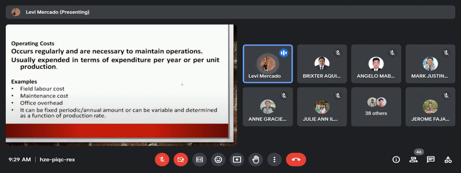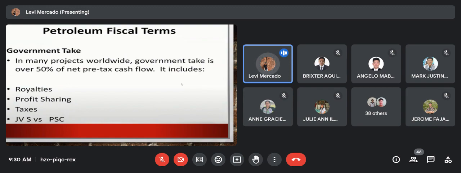So, para dire-diretso ang takbo, kailangan ng maintenance of all those machines. Else, office, isang example is office overhead. So, sa office, for documentation, kahit kalit-liit ang bala ng stapler, kasama yan sa operating costs or sa operating expenditures. Okay. So, per year yung planning na.